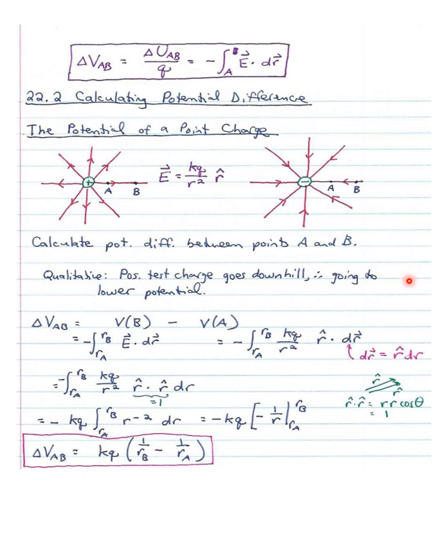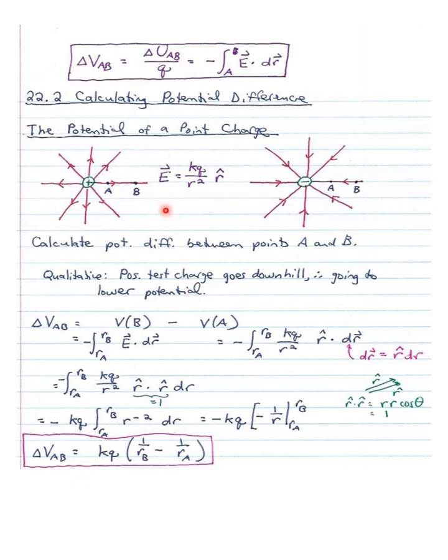Now, thinking about it qualitatively, a positive test charge goes downhill, meaning going to the lower potential. So on the diagram on the left, going from A to B, a positive test charge will automatically go.